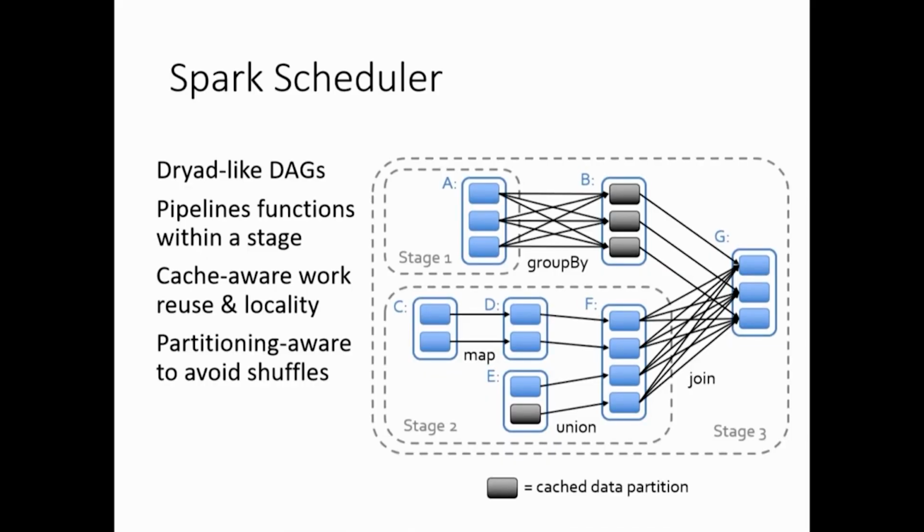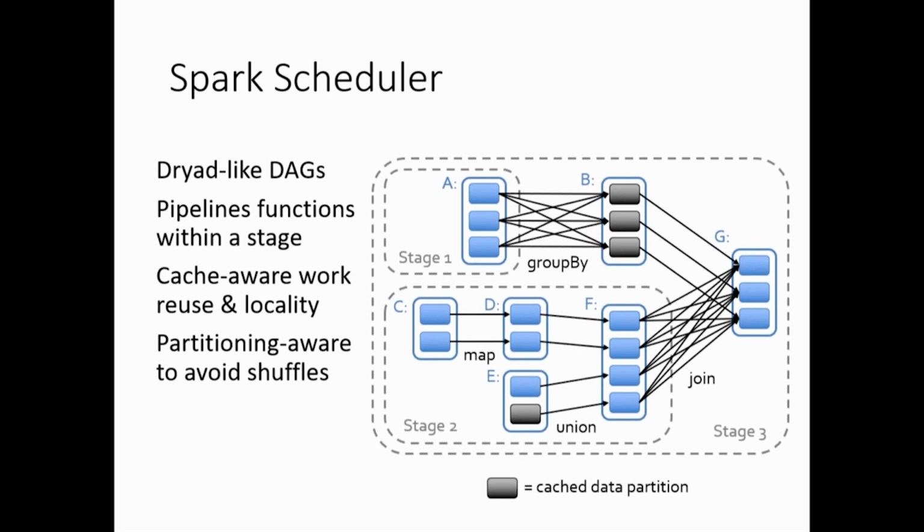Moreover, there is what is called a fat dependency and a narrow dependency. One-to-one dependency is like map, while something like group by key is called a fat dependency. If there is a fat dependency, then you put what is called a stage boundary.